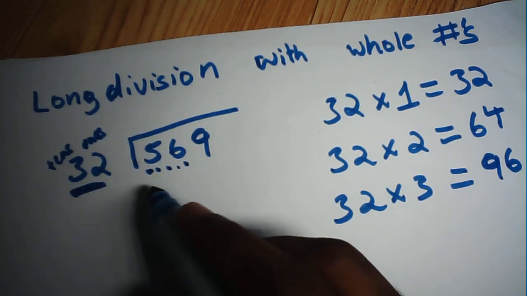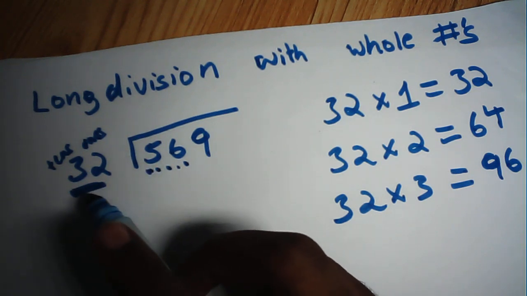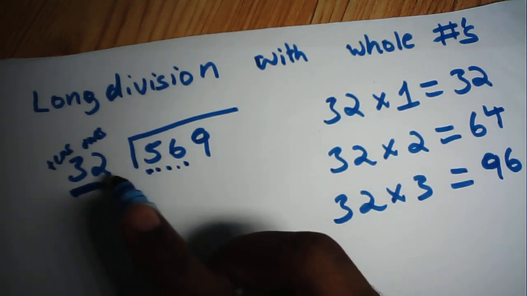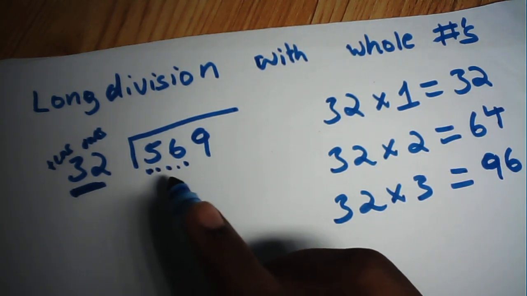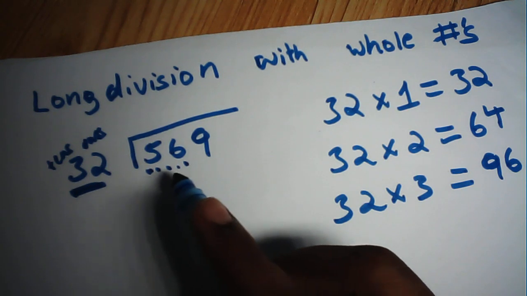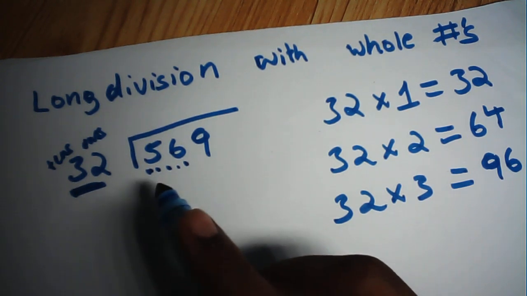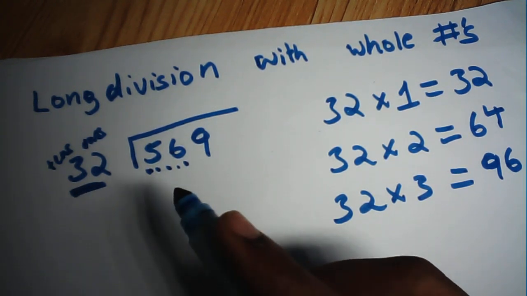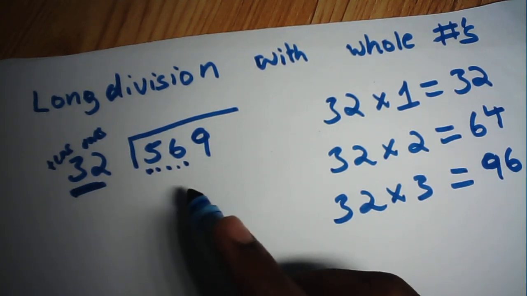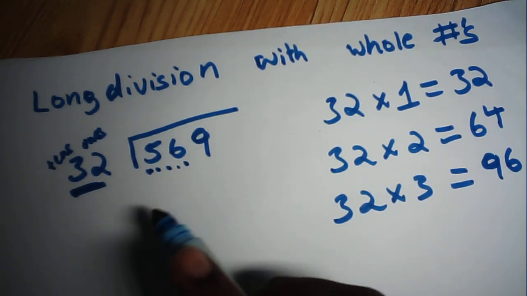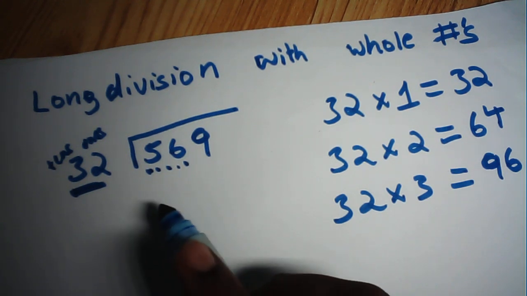Now from there, I need to find a multiple of 32 that is right under 56. I can't be over by too much, and I can't be under by too much. If I'm under, I can't do the problem by too much. If I'm over, I definitely can't do the problem.